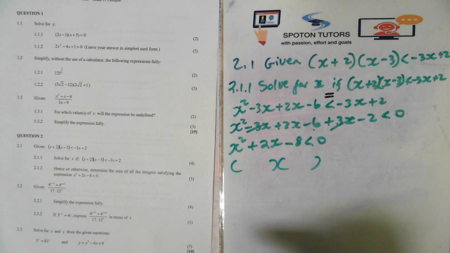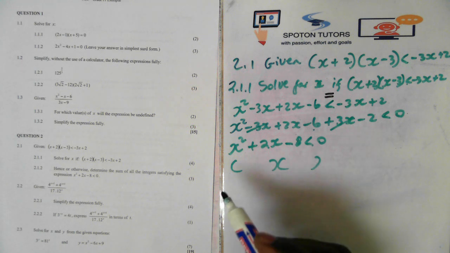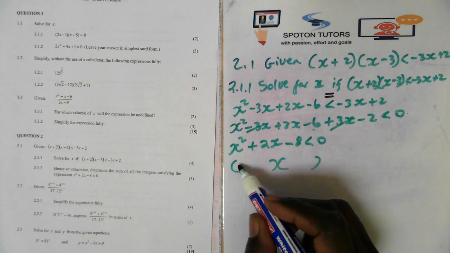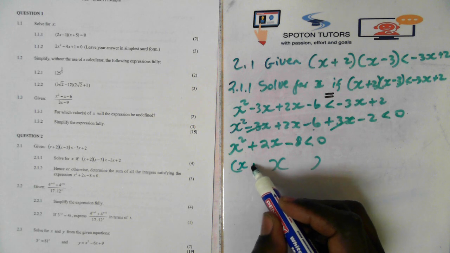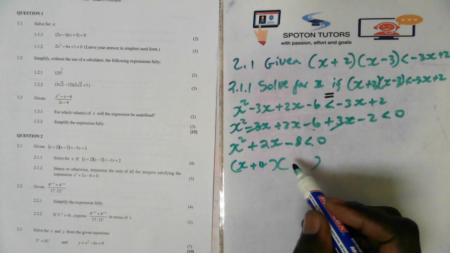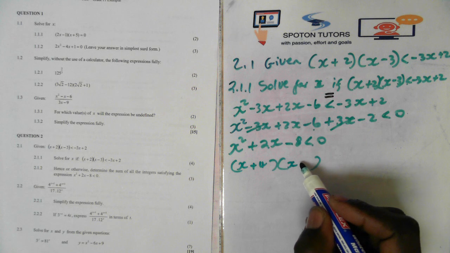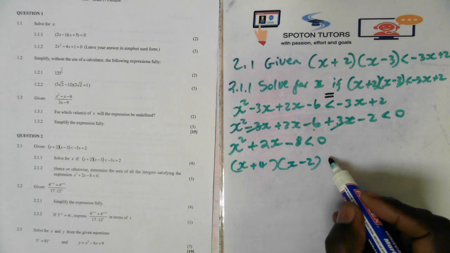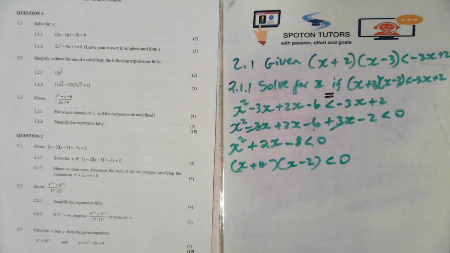I've done the explanation of factorization in the previous video. Go back to question 1. I did a similar problem, so I won't exhaust my time on that now. I'll just give you the factors here. These are the factors.